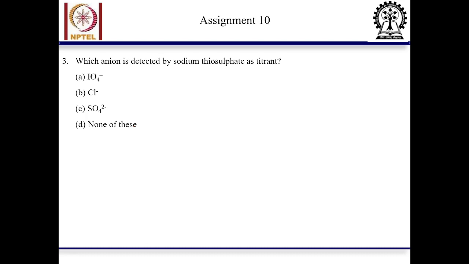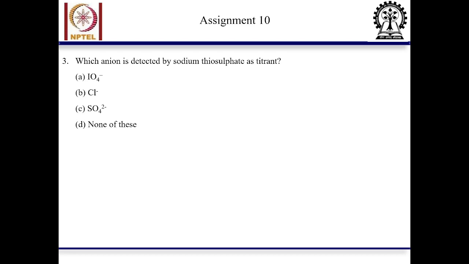The answer is D. Which anion is detected by sodium thiosulfate as a titrant? Periodate, chloride, sulfate, and none of these. This question is basically coming from lecture number 47, where he has discussed different types of oxidizing and reducing agents.